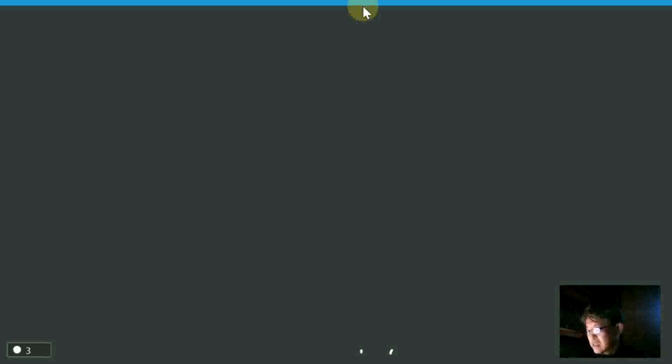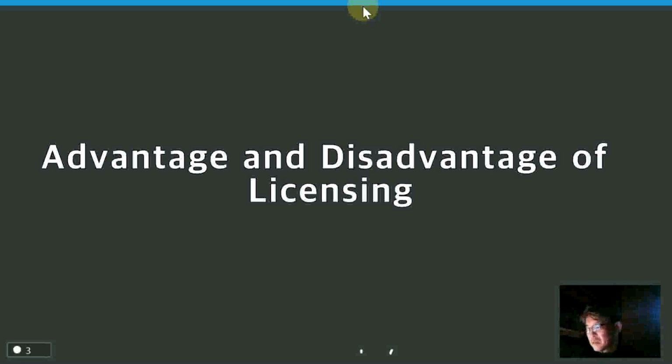Licensing itself means technology transfer, right? So we have to review the benefit analysis of licensing. Okay, so analyze the benefit by licensing contract.